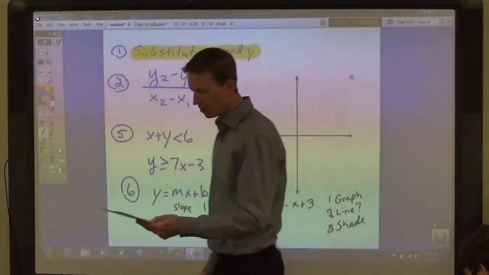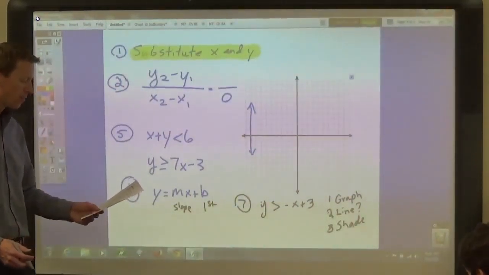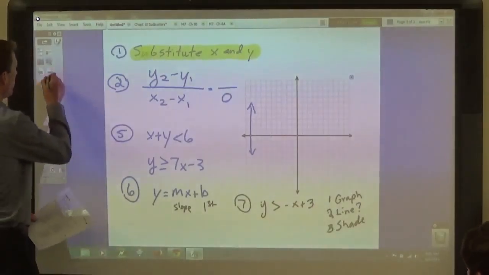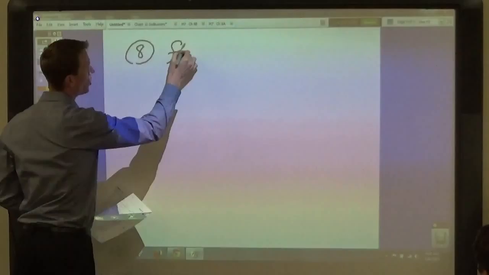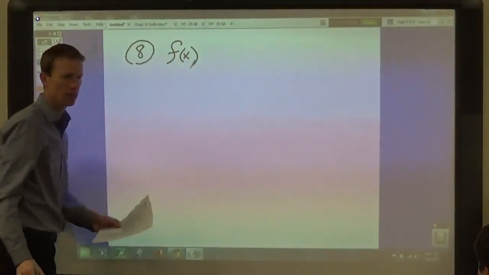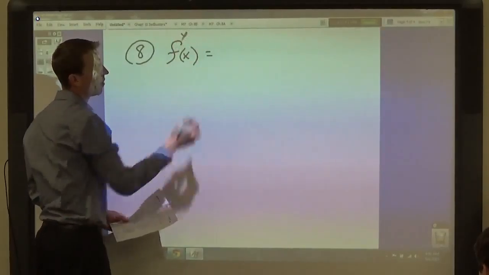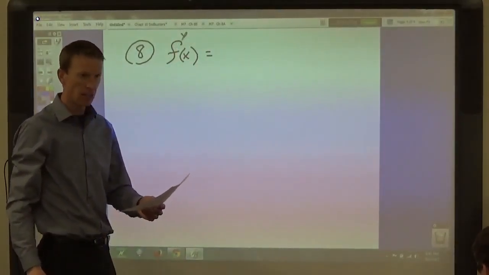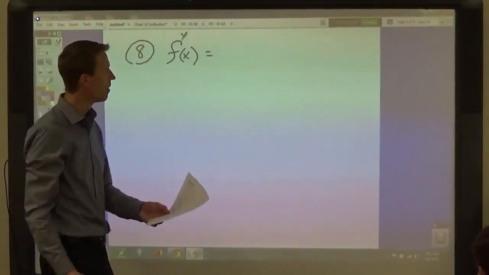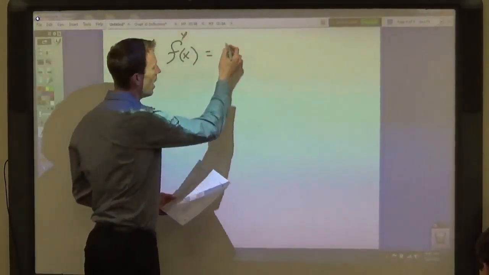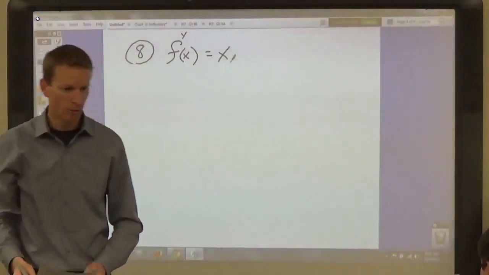Number 8, writing a function rule. If it's a function rule, it has to be in this form. A function of x. Instead of writing the letter y, we're going to write it using the function of x. Function of x is x plus, minus, times, whatever.